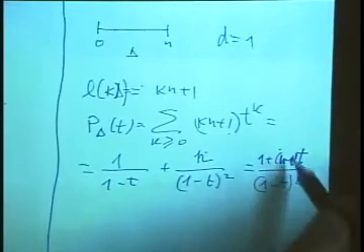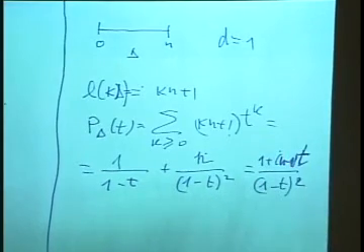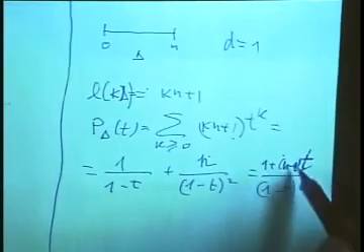Something wrong? 1 plus n minus t, without the parentheses. Coefficient of t is 1? Oh, sorry.